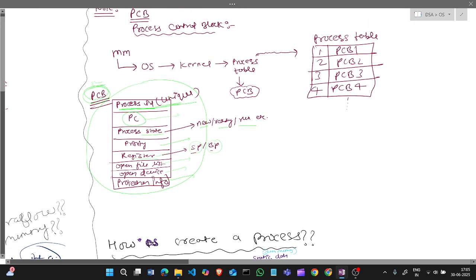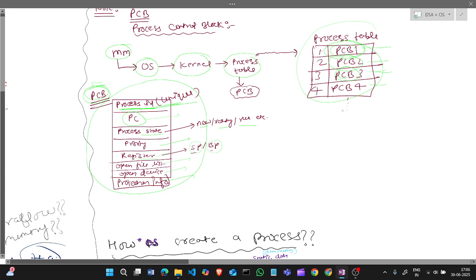Where is it stored? It is stored inside the main memory. Inside this memory, the operating system is there. Inside the operating system, the kernel is there. Inside the kernel, there is the process table. The process table looks like this: 1, 2, 3. These are the PCBs of different kinds of processes. This is the process table, and inside it the PCB is stored.